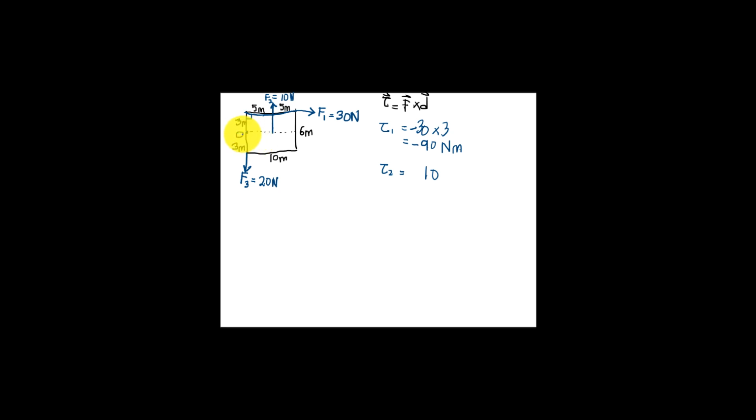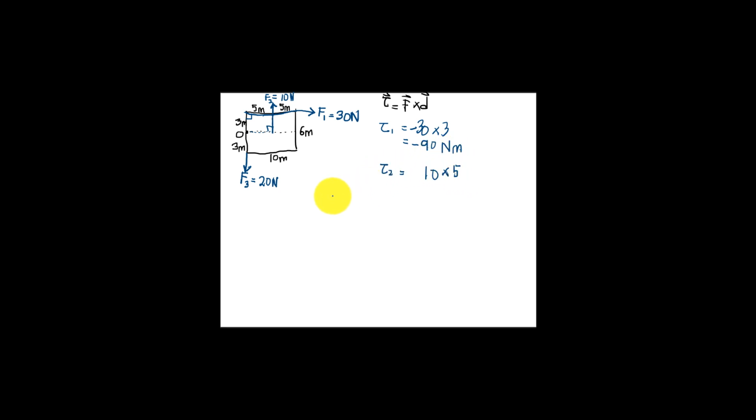O is the axis of rotation. So here is the distance, which is 5 meters. They are already perpendicular to each other, so there is no need to resolve this force. So 10 times the distance from the axis of rotation, 5 meters. Here is the magnitude.